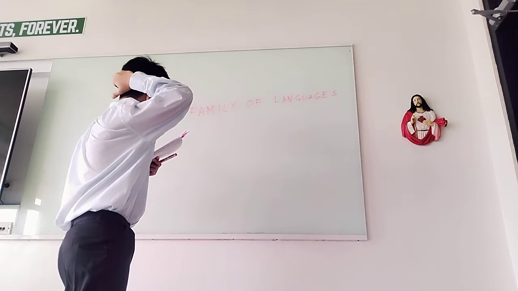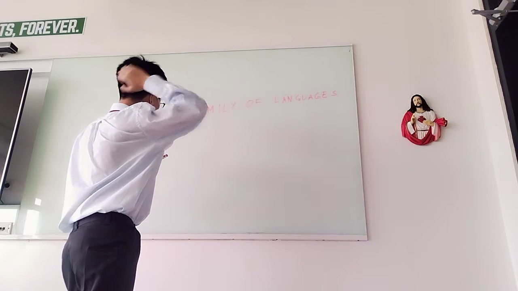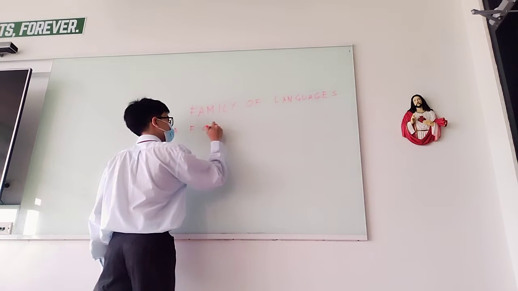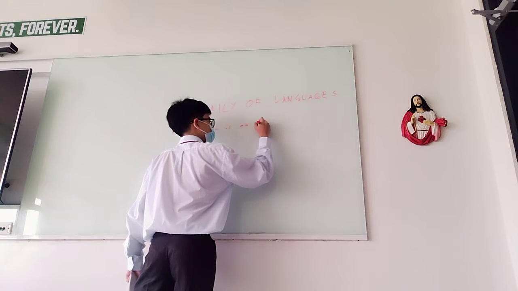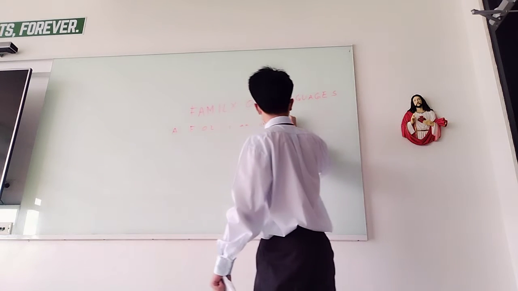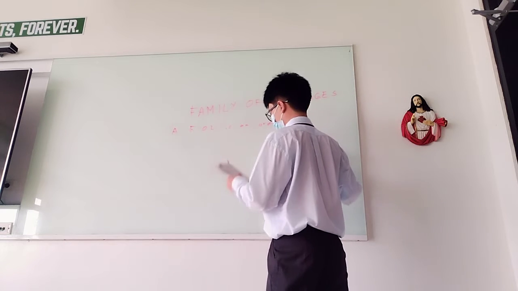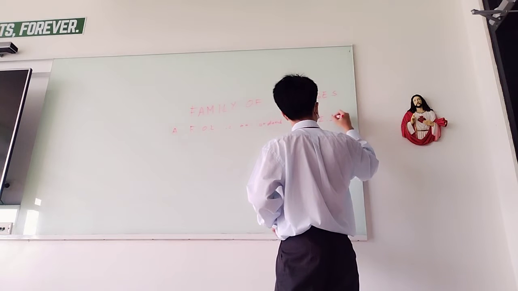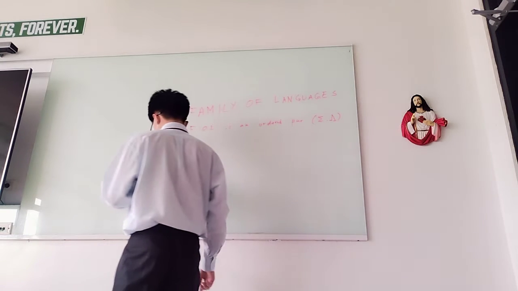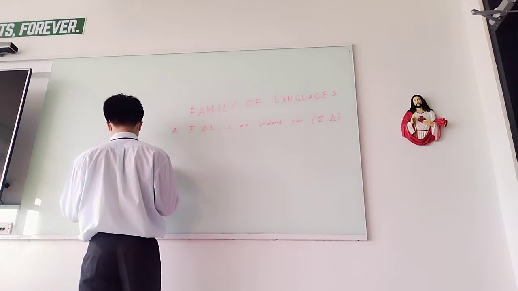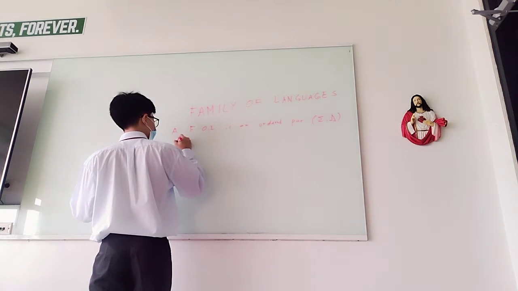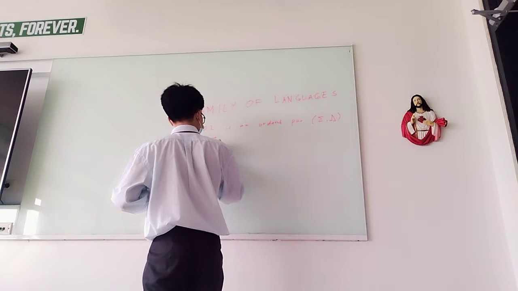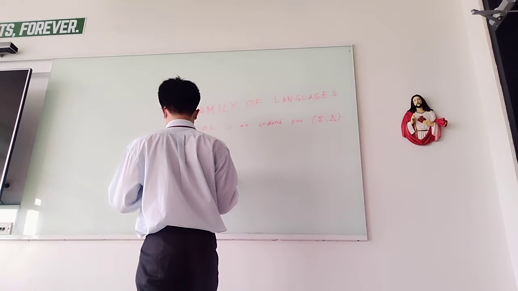So, a family of languages is an ordered pair, sigma, capital alpha, such that, where one, sigma is an infinite set of symbols.